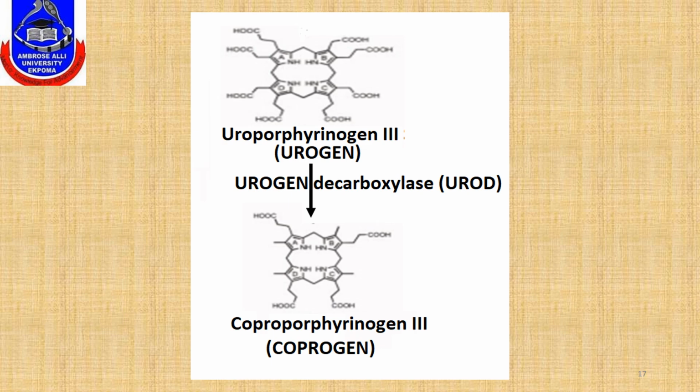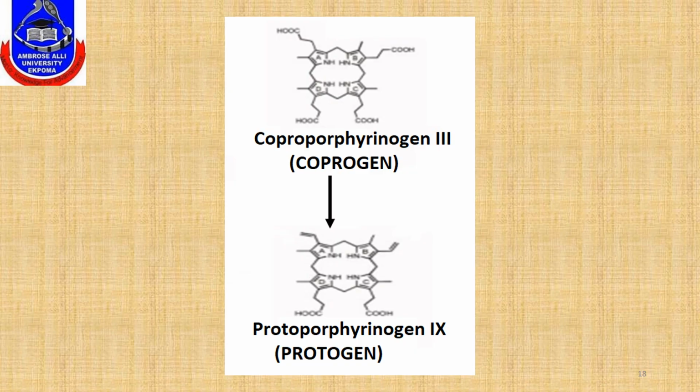Uroporphyrin 3 will undergo a decarboxylation reaction in the presence of decarboxylase to give us coproporphyrin 3. Coproporphyrin 3 will undergo an isomerization reaction to give us protoporphyrin 9.